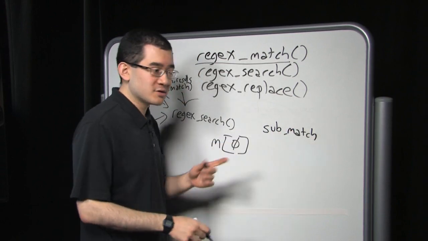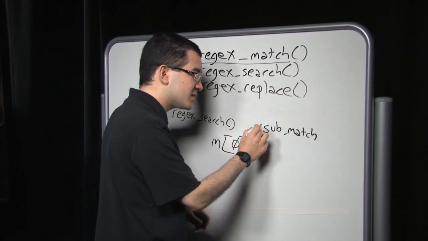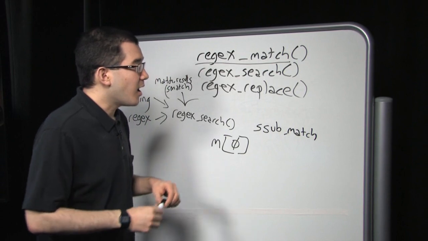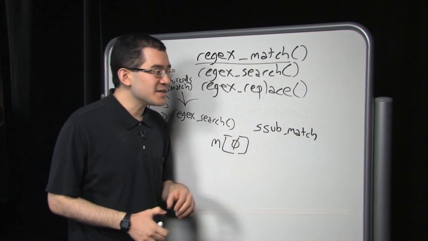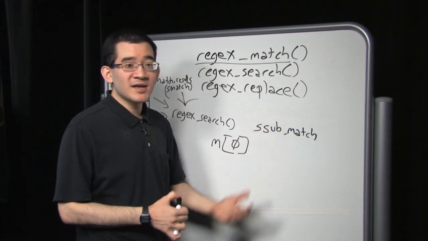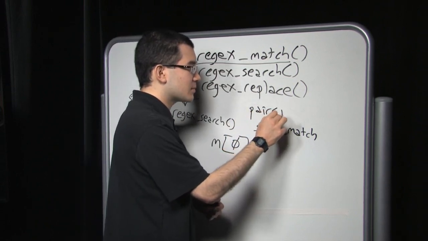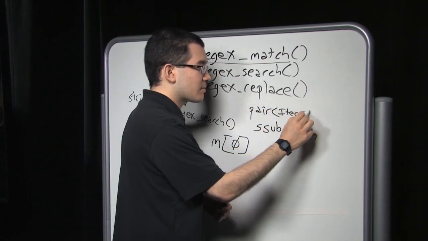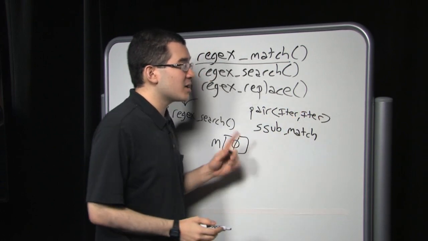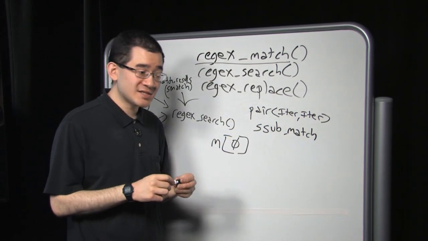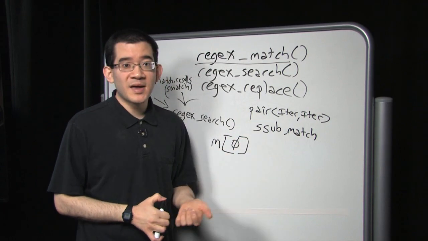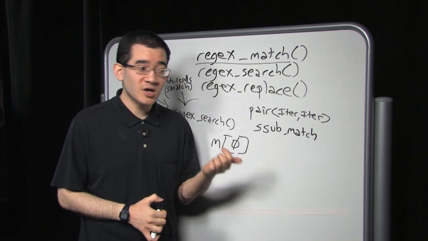Again, this is templated, there are typedefs. This one happens to be an S submatch because it's for strings. And what it actually is, this is a class that is derived from a pair of iterators. In the case of S submatch, it's derived from a pair of string const iterators. In the case of a C submatch, it's a pair of const char stars.